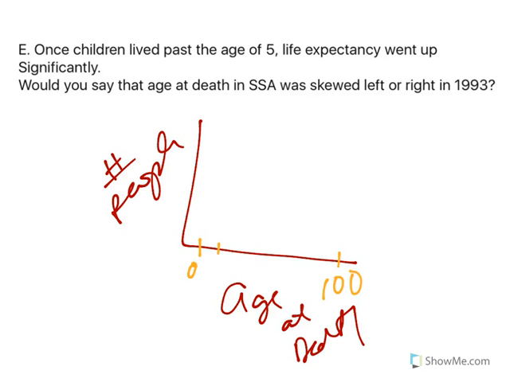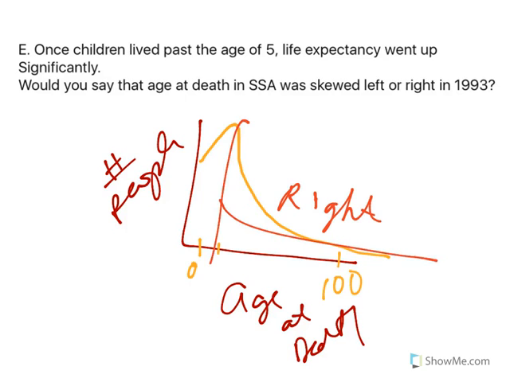So there's a lot of people here, and then it kind of goes down. So we would say, just based off the data, it was skewed right, because half the people are between 0 and 5, and the rest of the half are split up way over here. So this data would be skewed to the right. And that, my friends, is skewness, mode, and all kinds of fun stuff.